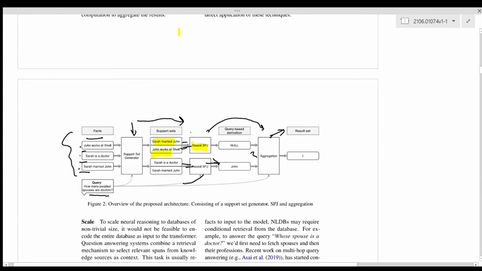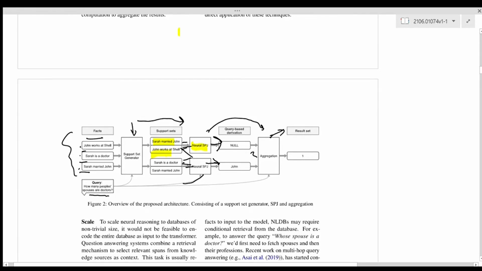If the support sets are insufficient to answer the question, the operator should return null or no output. For queries that require a short chain of reasoning, it maps with another support set and then provides the values.